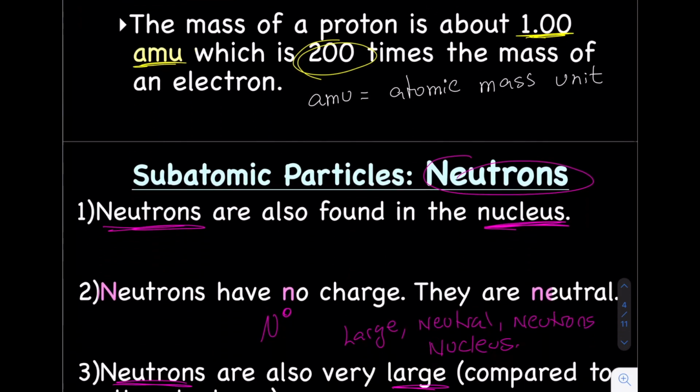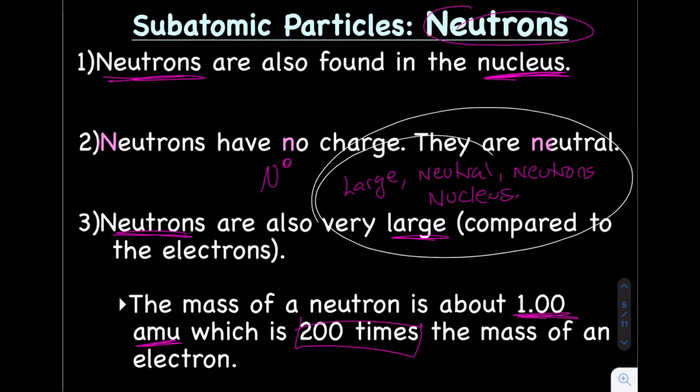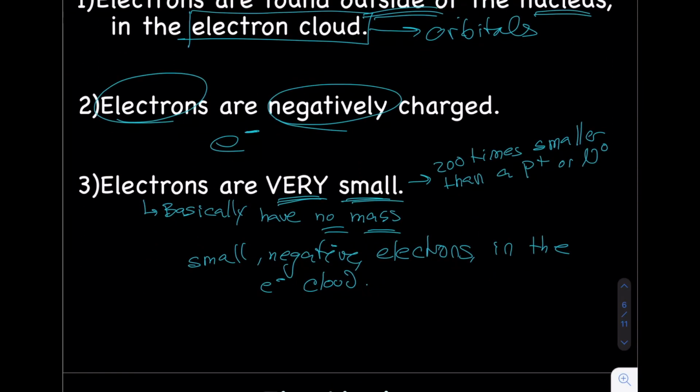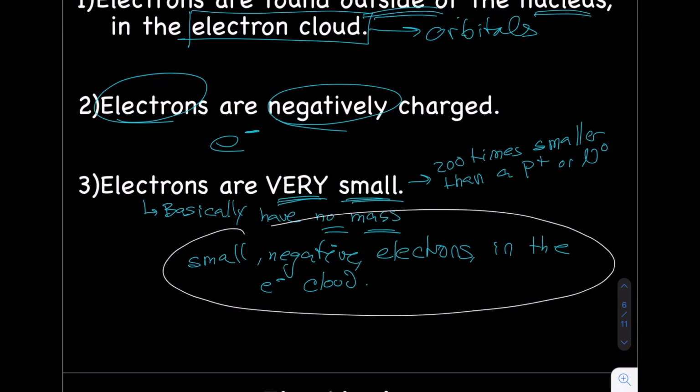Neutrons are large, neutral, and in the nucleus. Electrons are small, negative, and in the cloud, the electron cloud. So protons: large, positive, nucleus. Neutrons: large, neutral, nucleus. Electrons: small, negative, electron cloud.